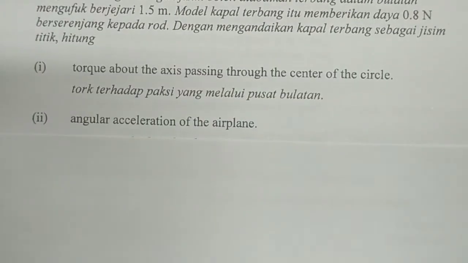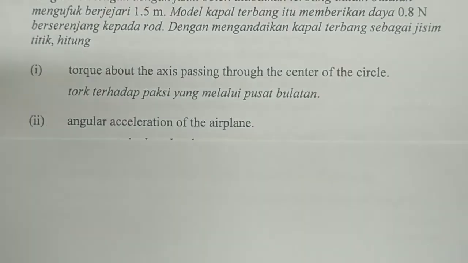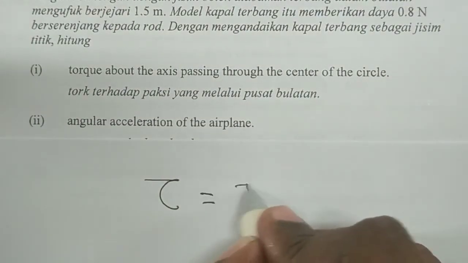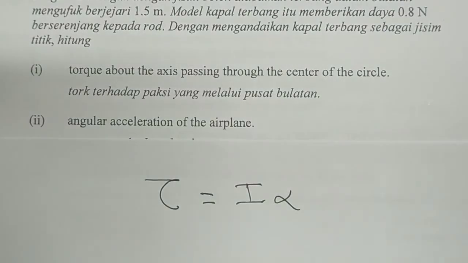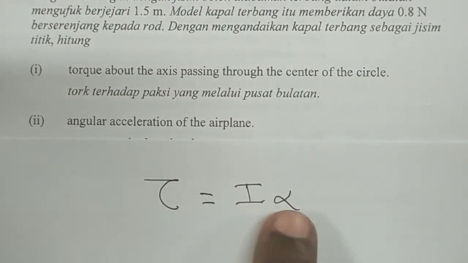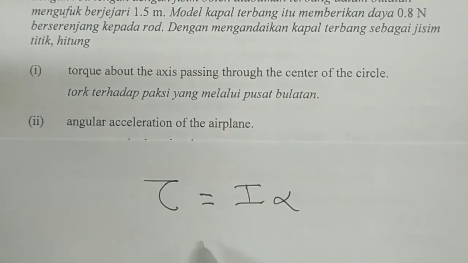Part 2, angular acceleration of the airplane. From torque equals I alpha, the product of moment of inertia of the airplane and the angular acceleration, which equals m r squared times alpha.